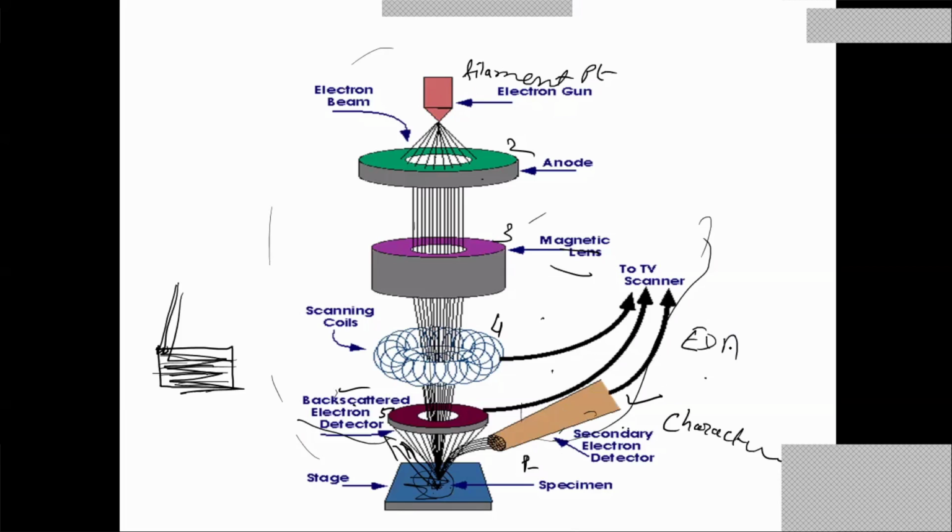उस टेक्निक को बोलते हैं EDAX, energy dispersive analysis of X-rays. What are these radiations coming out? They are nothing but X-rays, right? So those X-rays will be detected. Those X-rays will be detected and they will be given for the measurement, right?